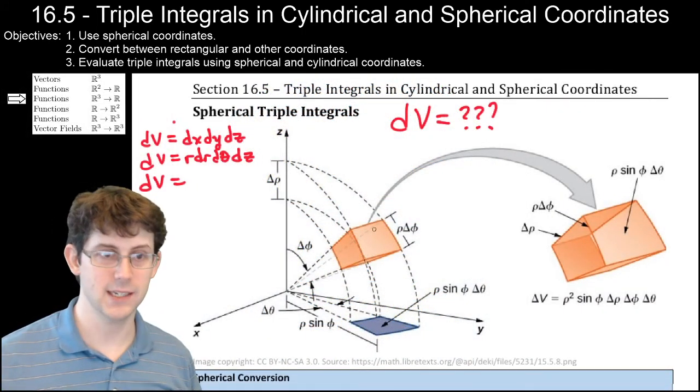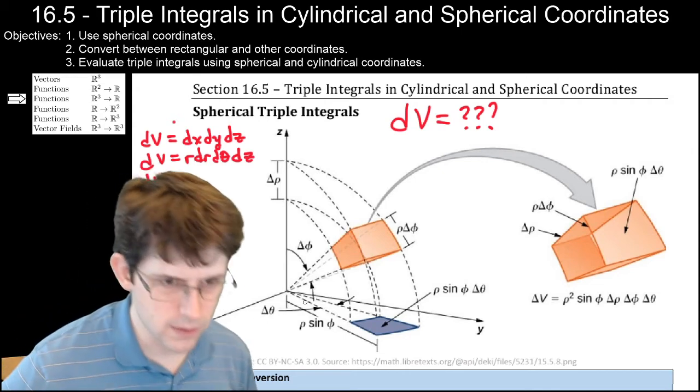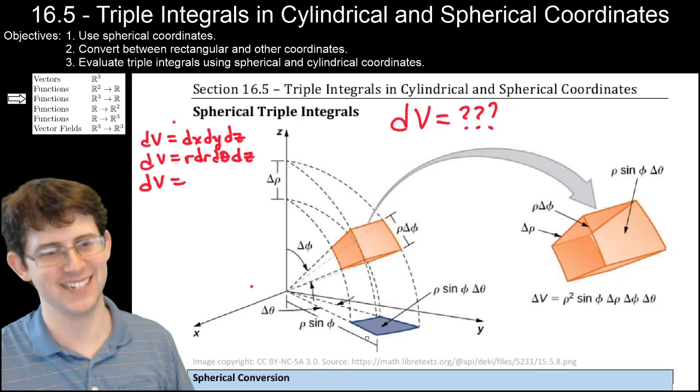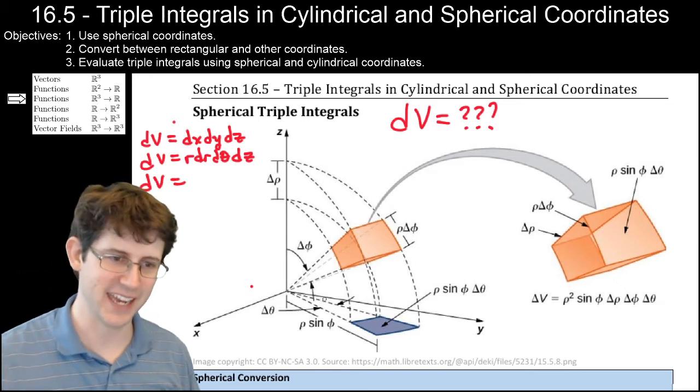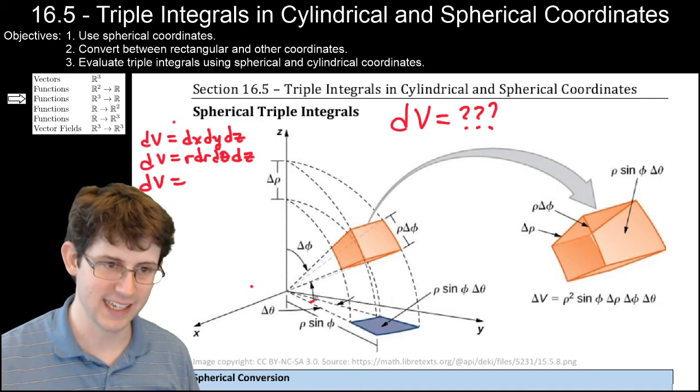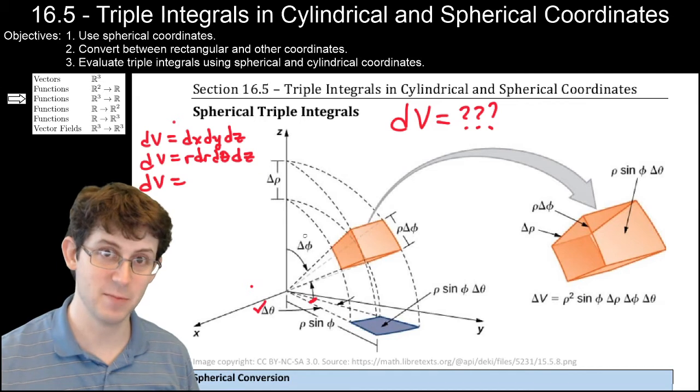Well, here it is. It's all filled in already, so it looks super complicated. You're going to have a little bit of theta, a little bit of phi, and a little bit of rho.